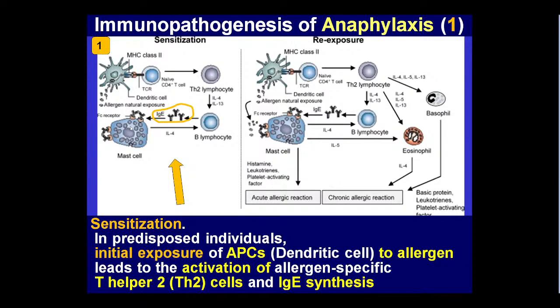So the presence of these sensitized mast cells and basophils that have on the surface antigen receptors in the form of immunoglobulin E, this situation is named sensitization. It means our patient has sensitized mast cells that may react if allergen appears repeatedly in the body of this patient. In the blood of this patient circulates immunoglobulin E.